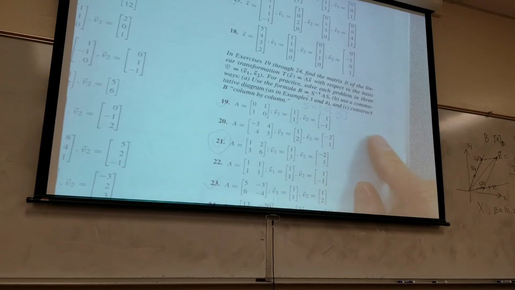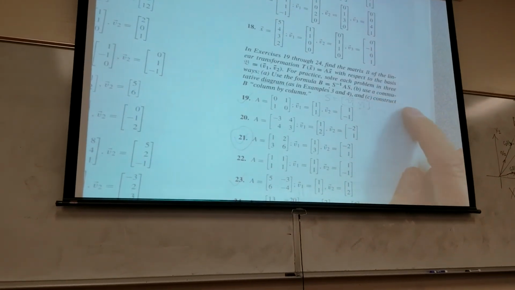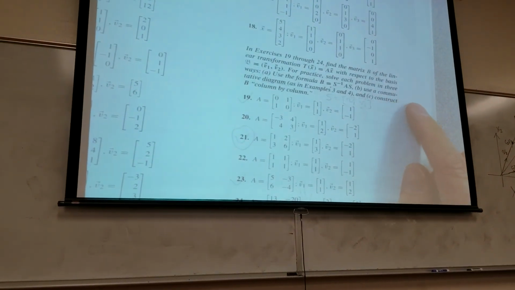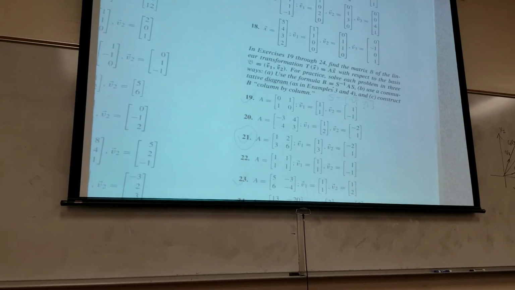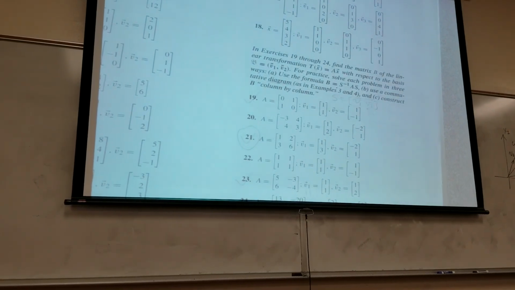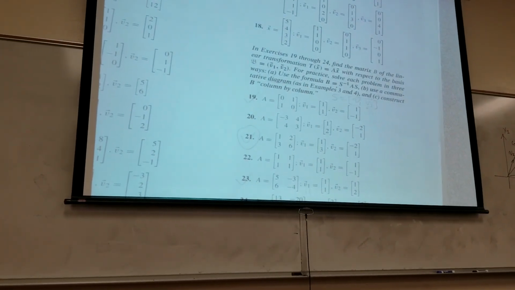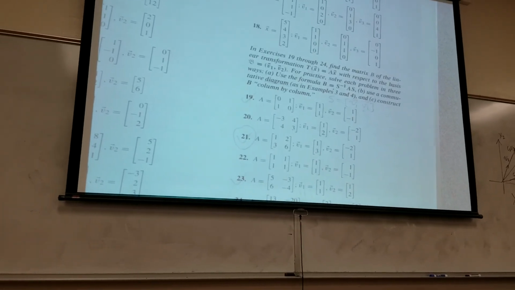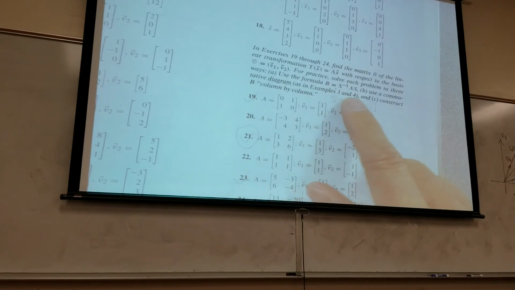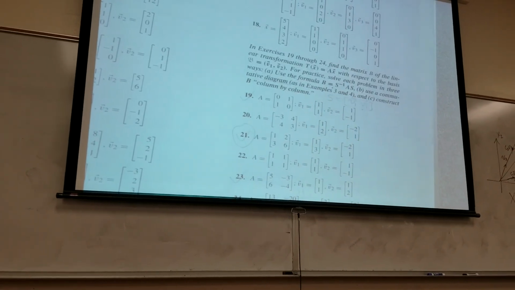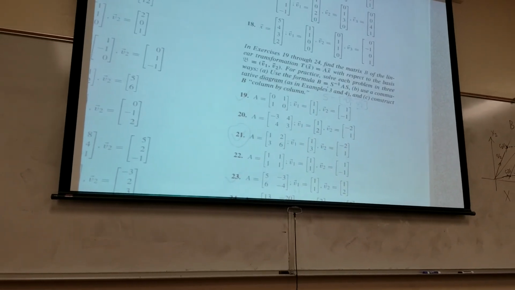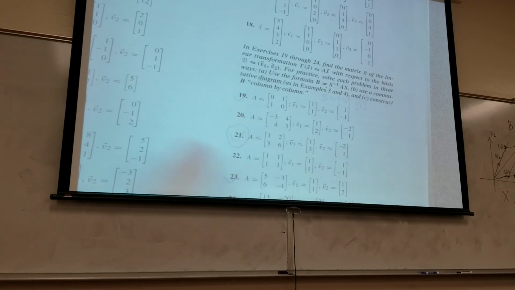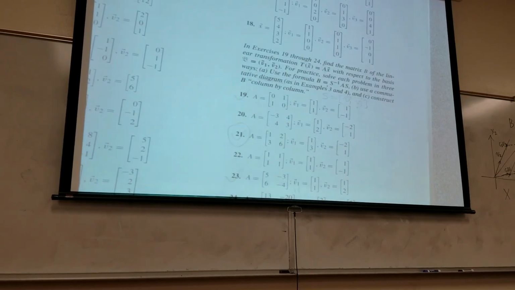Now, part B. Use a commutative diagram, as in examples 3 and 4. So this is harder. So I'm going to work out a problem between 19 and 24.